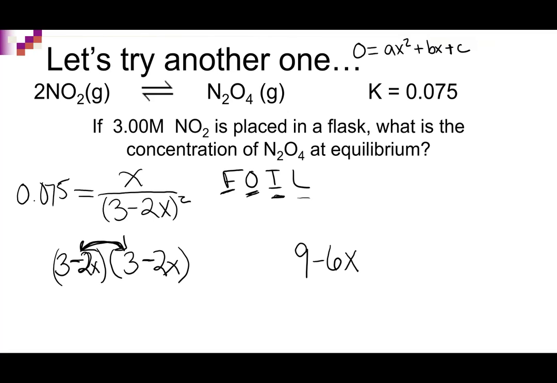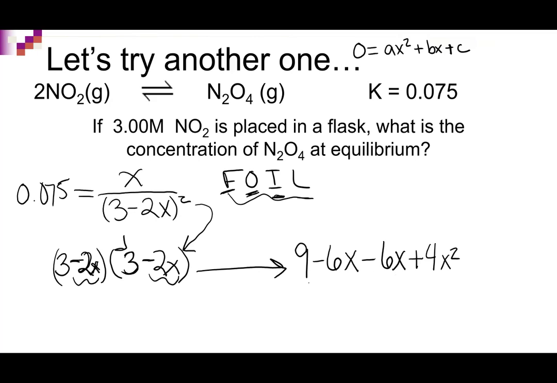So negative 2x times 3 is another negative 6x. And last is going to be these guys up here, last in the parentheses. So negative 2x times negative 2x is positive 4x squared. So we take this, expand it out to that, and when we FOIL, this is what we get. Taking it back to some old school algebra.